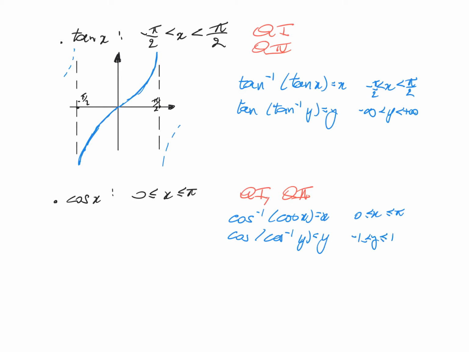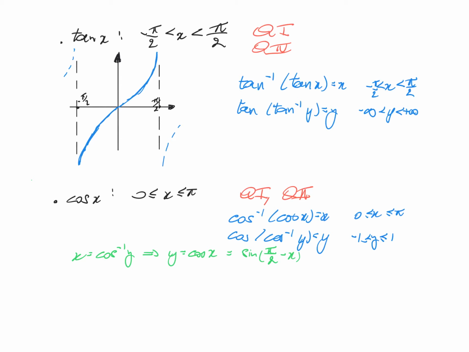Another option would be to define the inverse cosine through the inverse sine. So if you know that x is cosine minus 1 of y, then you also know that y is cosine of x, which is also the sine of pi over 2 minus x.